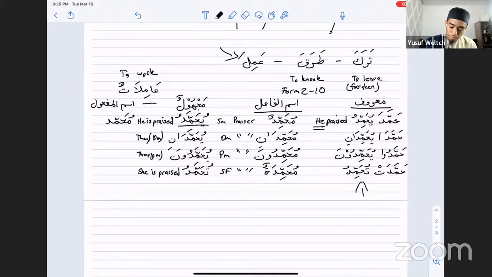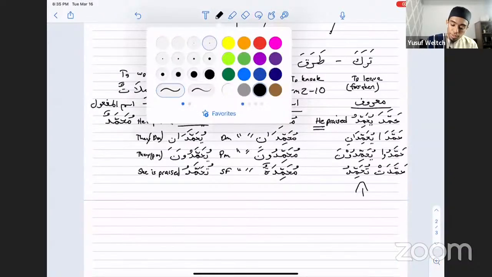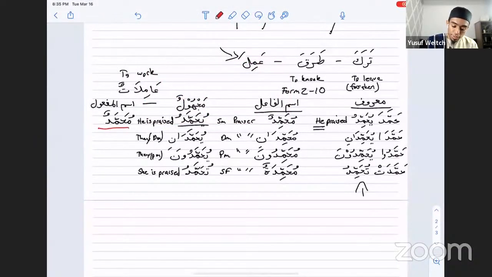Good. So what's the difference between, let's just use a different color, what's the difference between this and this? Aren't they the same exact word? No, that one's got a kasra. Good. So which one has a fatha?